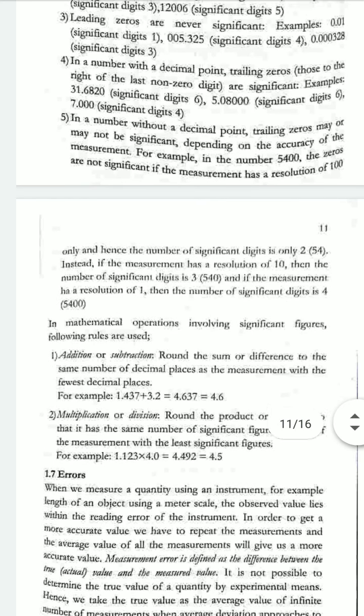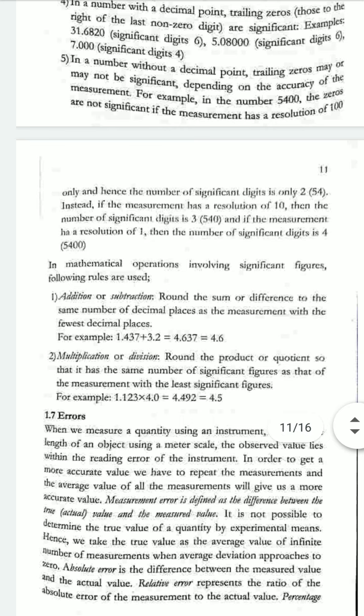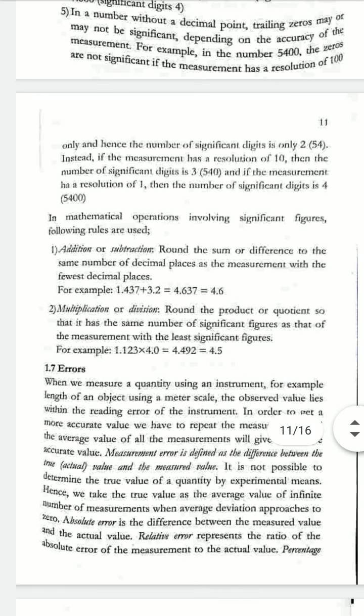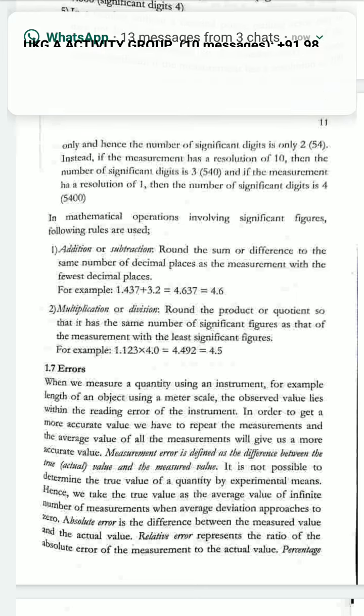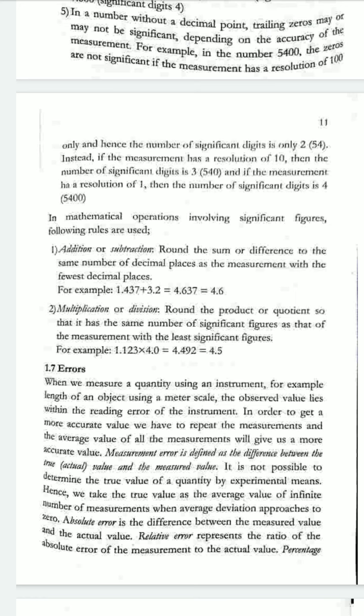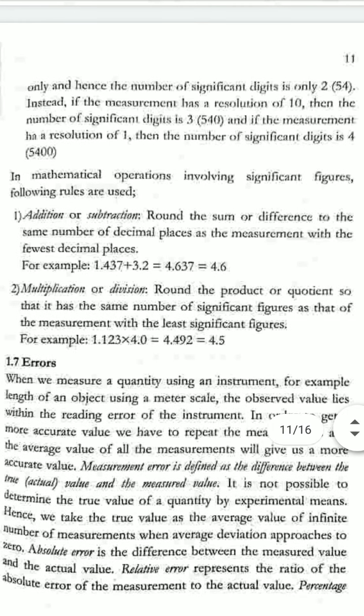Now, in mathematical operations like addition or subtraction, how many significant digits do you need to write? There is a rule. If you have the sum, for example 1.437 plus 3.2, the answer is 4.637, but you have to write only 4.6.